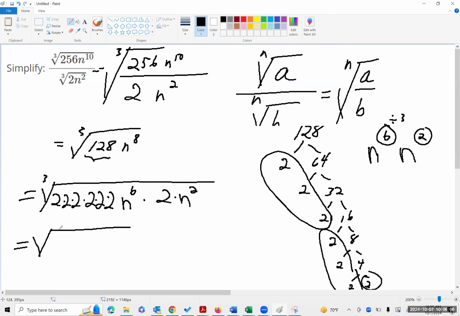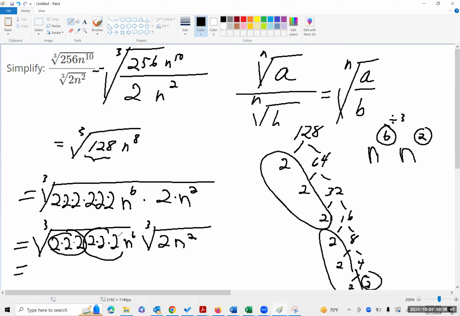Then that leaves me with, I can multiply this out and then find the cube root of that. But just since I've done it this way already, let's leave it. So for every 3, I take out one of them. So I'm taking out two 2's.